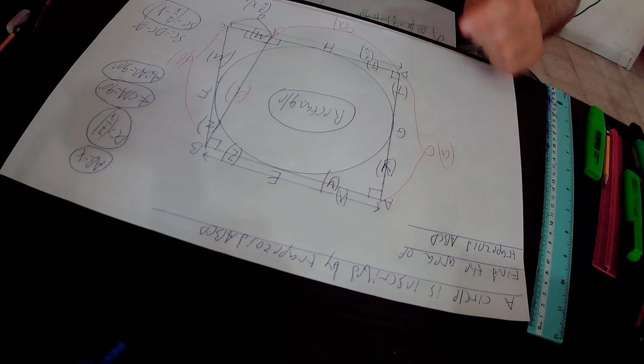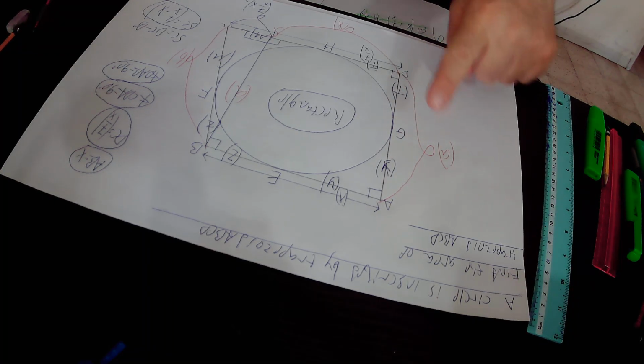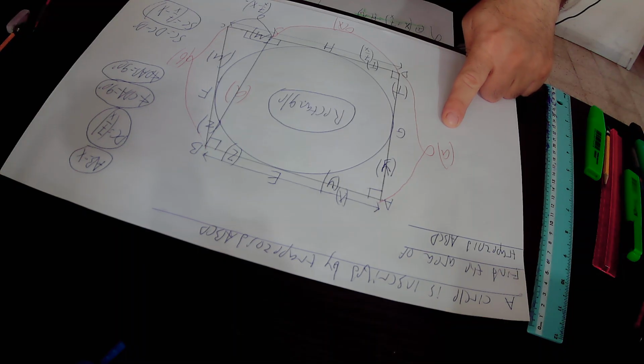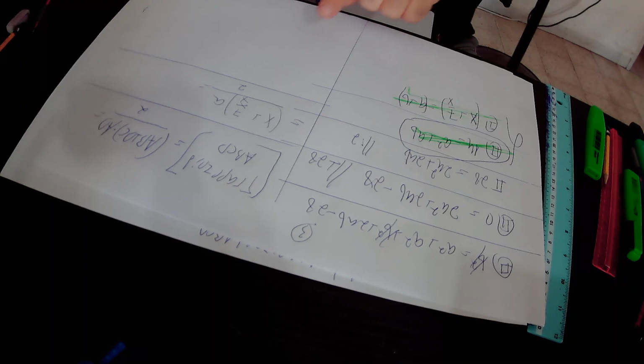AB equals x, plus DC equals 7 over x, times the height AD, which equals a according to our definition, divided by 2. So in conclusion, the area of trapezoid ABCD equals x plus 7 over x times a over 2.